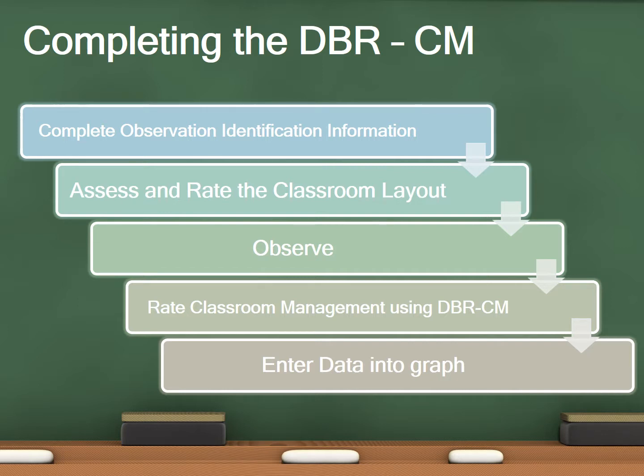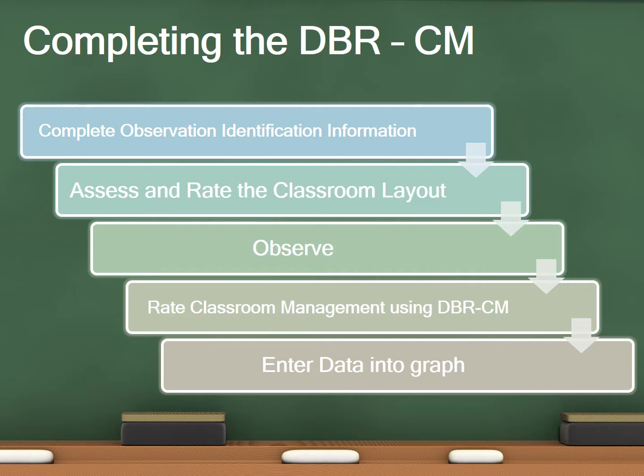First, you begin by completing the top portion of the DBR CM's front page by filling in all available observation identification information. This information includes the names of the educator being observed and the observer, date and time of the observation, etc. Next, you quickly assess the layout of the classroom and rate whether or not this layout is acceptable.